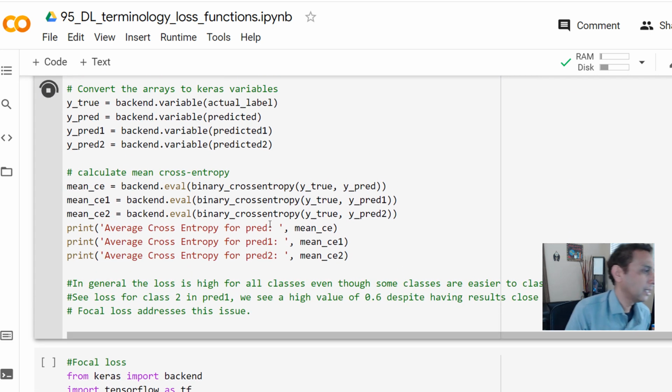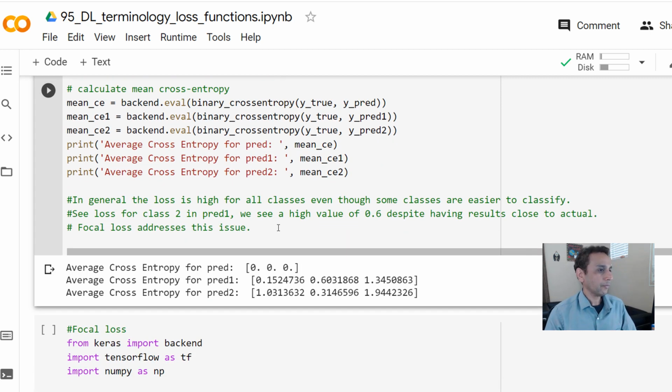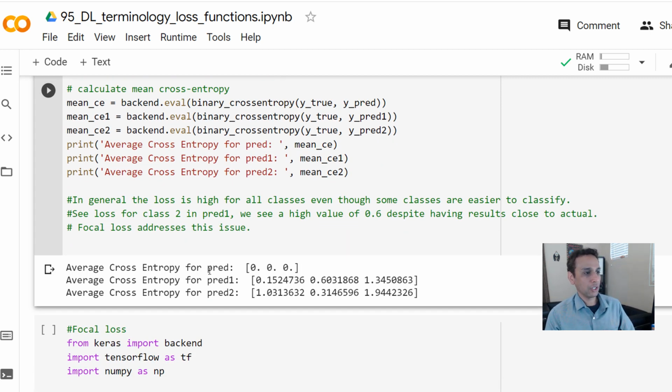And you see the average cross entropy for pred, which is the same as our actual, meaning we have 100% accuracy, the cross entropy is 0. This usually never happens. For prediction 1, for class 1, you see 0.15. Lower, class 2 a bit higher, class 3 a bit higher. Why is that the case?